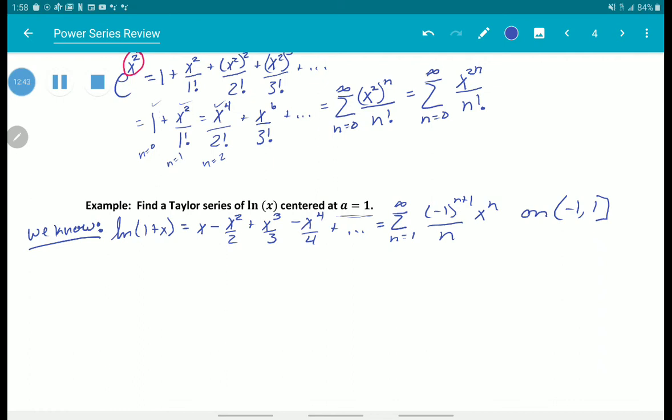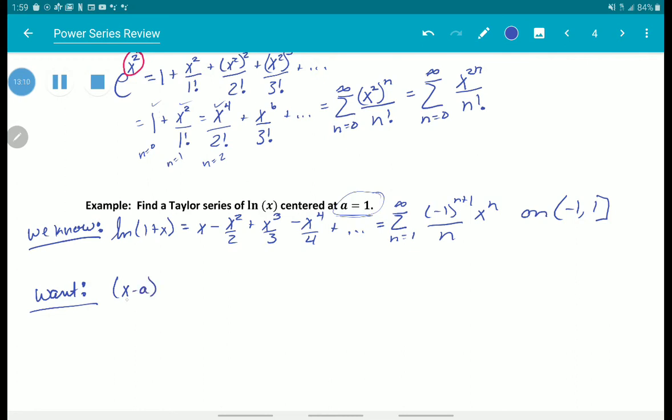So there's what we know. Now keep in mind what we want. We want a Taylor series centered at 1. So we kind of know what we want this to look like. Instead of an x, we want an x minus 1.